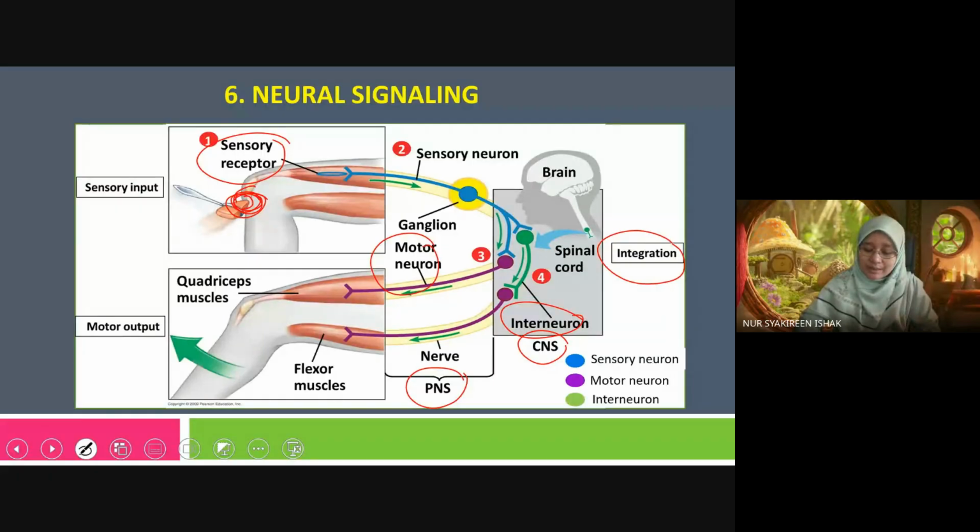This motor neuron is connected to your muscle, in this case the quadriceps muscle, and causes the muscle to contract. So your leg will be kicking due to this reflex.